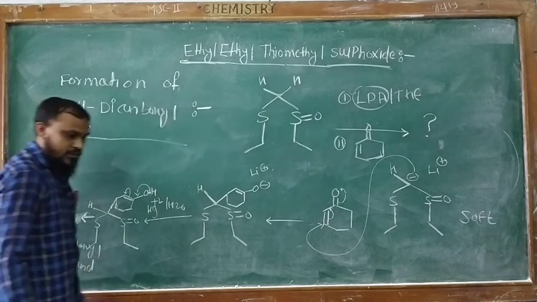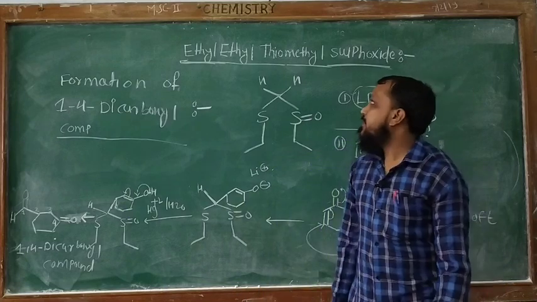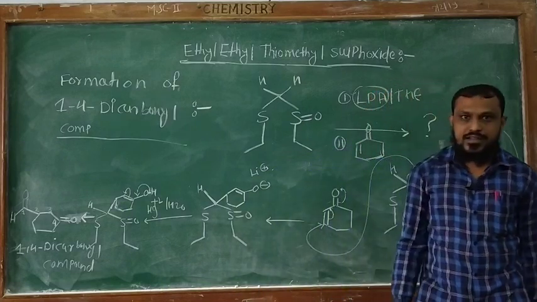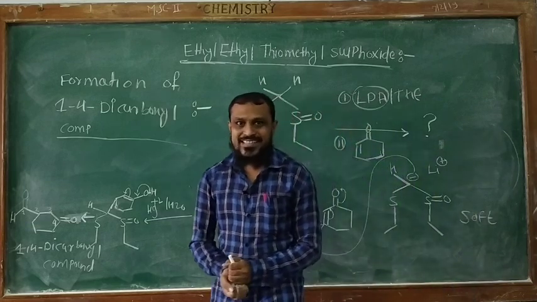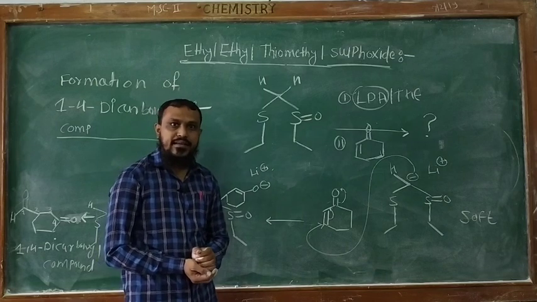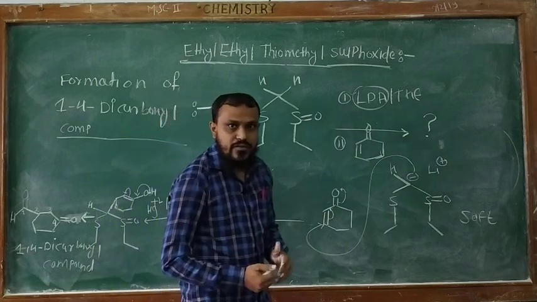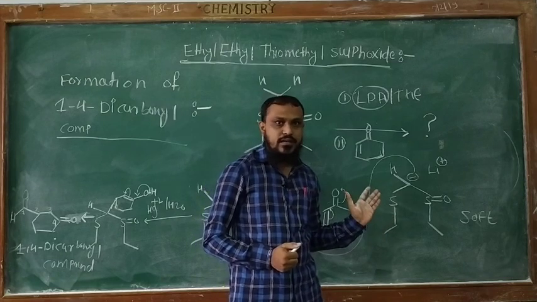Okay, so this is all about the second umpolung reagent, ethyl thio-methyl sulphoxide. Okay, ethyl thio-methyl sulphoxide in synthetic application acts as a soft nucleophile, and it attacks a soft acid, the alpha beta unsaturated carbonyl compound.